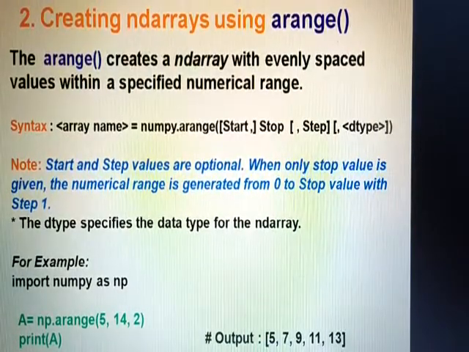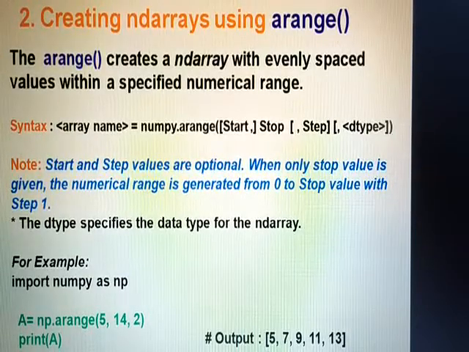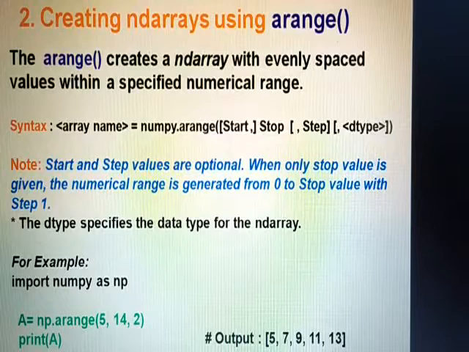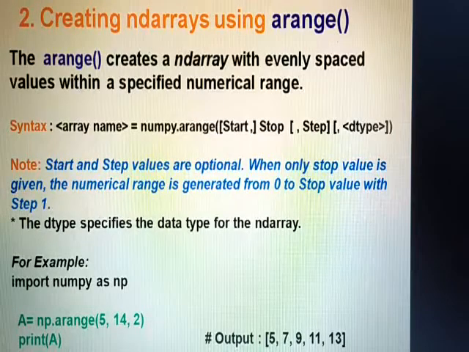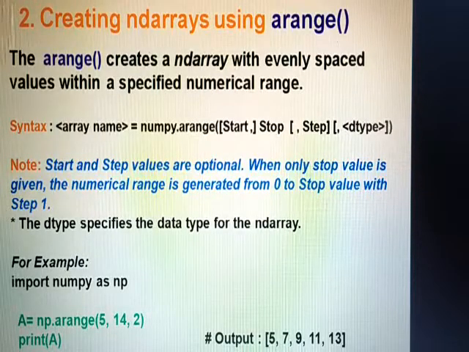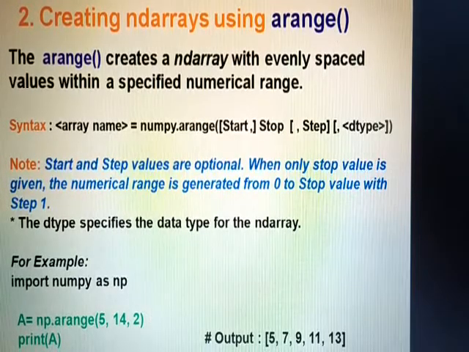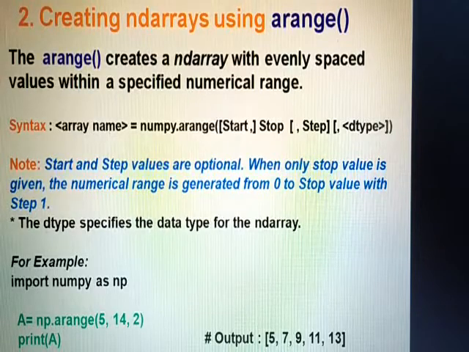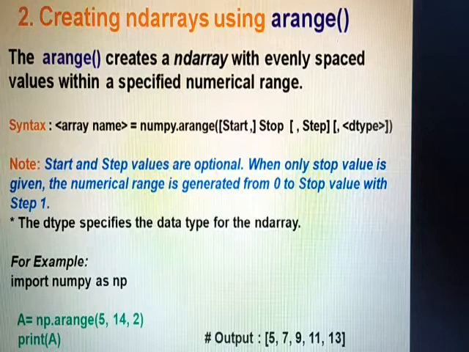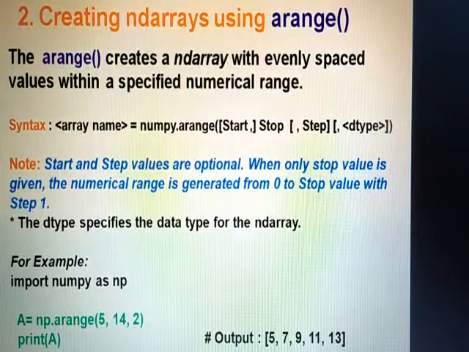Now creating ND arrays using arange function. The arange function creates an ND array with evenly spaced values within a specified numerical range. That means this function takes a start, a stop of a range and the step of interval as arguments and returns a one-dimensional array.